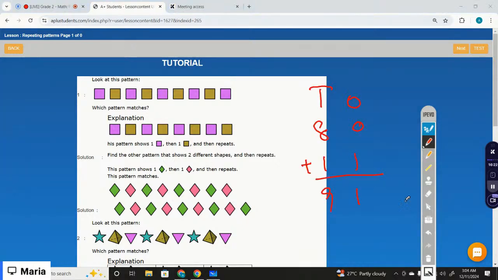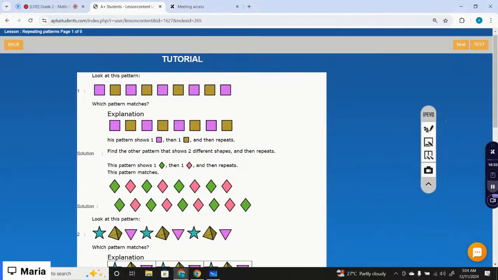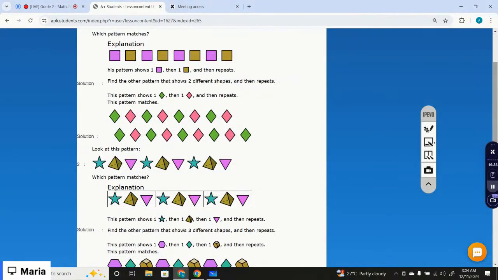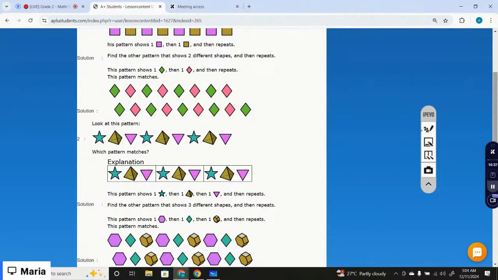Let's just understand this pattern first, right? You are given one purple square and one brown square, right? You have to see the matching pattern here, the given one. Now let's just see how many options you are given. You are given one green diamond and one purple diamond, right? So you have to see which one matches, right?